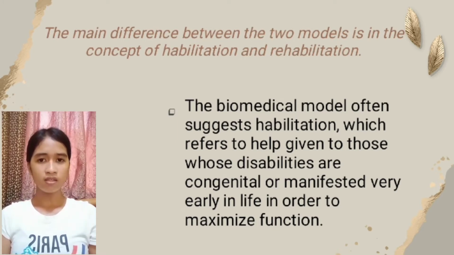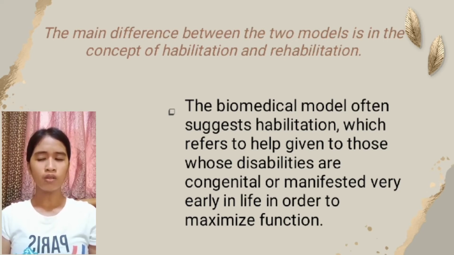So, what is the biomedical model? The biomedical model often suggests habilitation, which refers to the process of aiming to help individuals with disabilities attain, keep and improve skills and functioning for daily life.